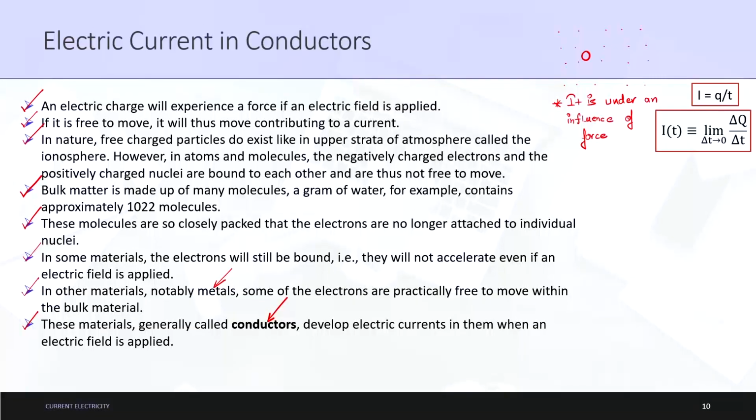If they are free, it is quite easy to produce an electric current in that substance. The only materials in which the charges are free to move, not bound, are called conductors. So, this was the complete explanation of this part.